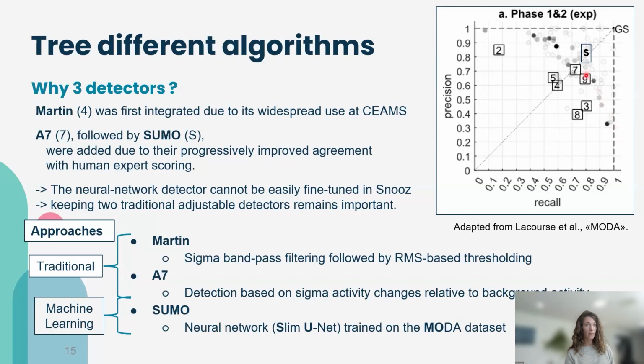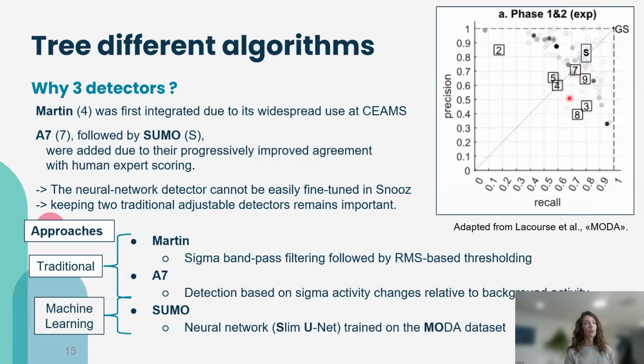We can observe a trend where experts range from those with higher recall, so more sensitive but less precise, to those with higher precision, so really selective but missing a few or a lot of spindles. Martin is represented by the number 4 here, showing an average performance of 0.6. A7 is represented by the number 7, showing a performance of around 0.7, and Fuseau is the letter S, having a performance of 0.8.